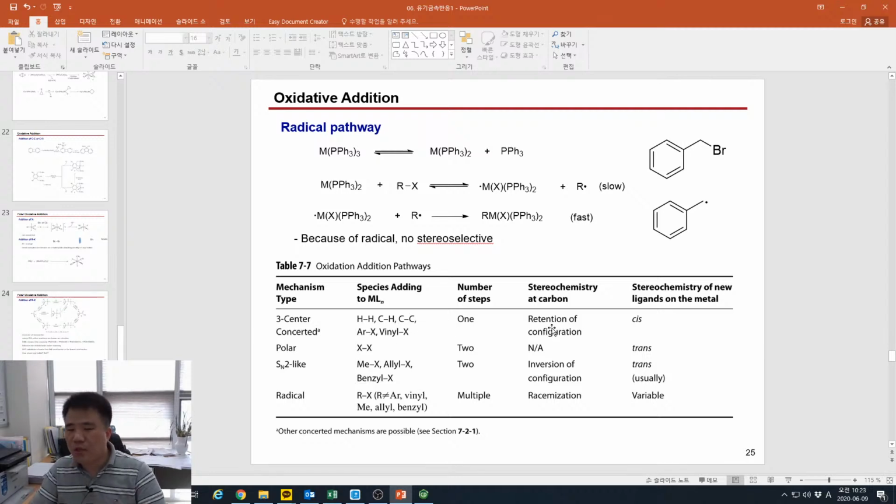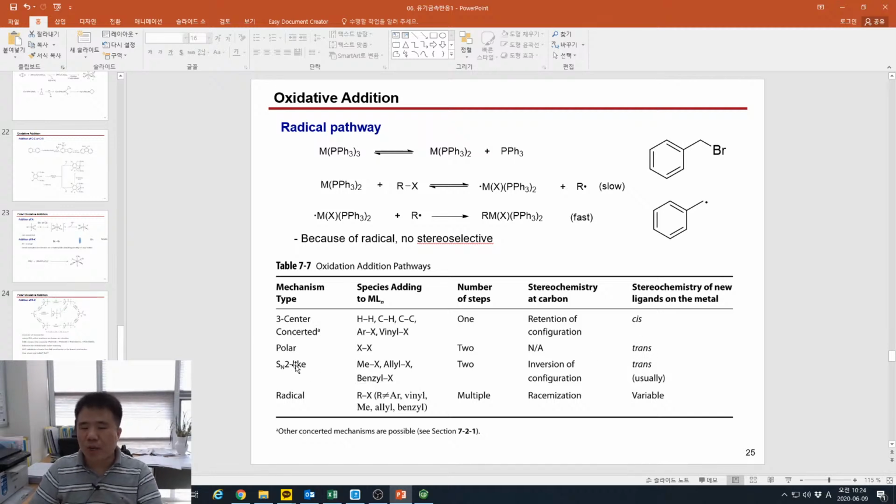So generally there is retention of configuration, and because of the three-centered insertion, the two new ligands should be in cis position. However, in the case of polar X-X halides, the transition metal attacks the first halide, the first halide is kicked out, and the kicked-out halide comes to the new ligand. In this case, stereochemistry is not applicable. However, generally trans would be generated.